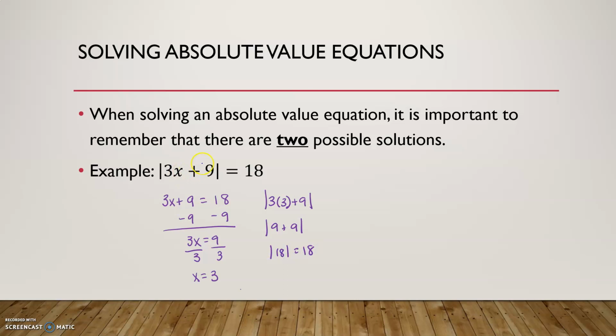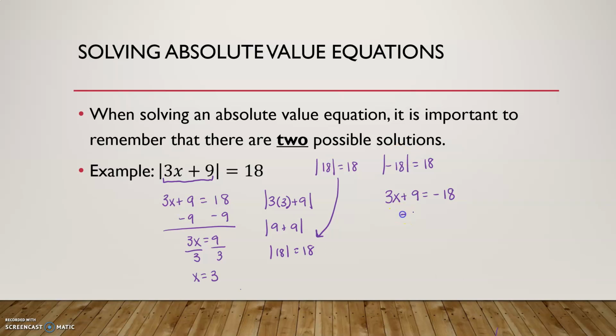But remember, I can also have a -18 in the absolute value bars, because the absolute value of 18 is equal to 18, which we saw here, but we could also have the absolute value of -18, which is equal to 18. So I'm going to keep dropping my absolute value bars, but this time I'm going to set this equal to -18, because my goal is to say, let me make this equal the positive 18 and make it equal to the -18.